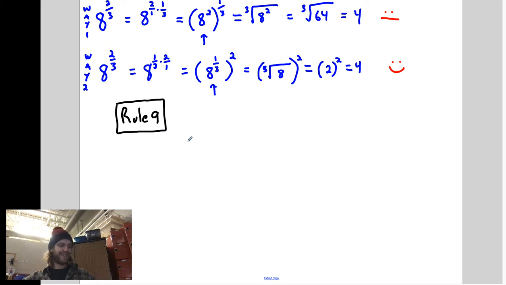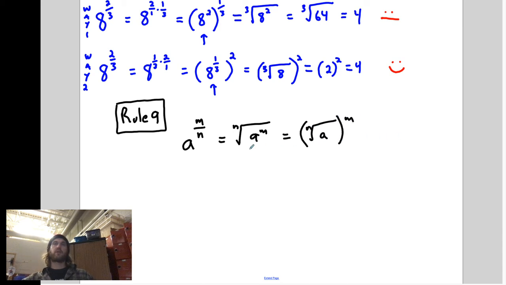Rule number 9 is any non-zero number a to the m over n is equal to the nth root of a to the m power, which is also equal to the nth root of a, to the m power. So it doesn't matter the order.